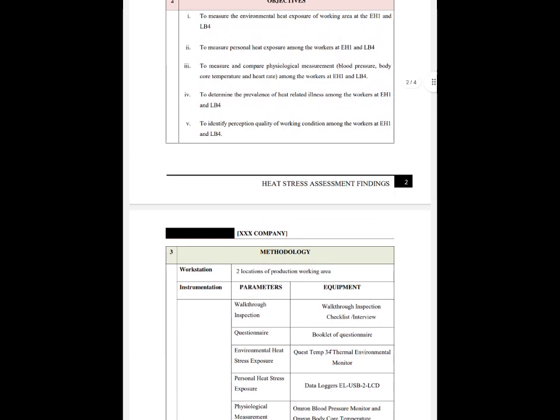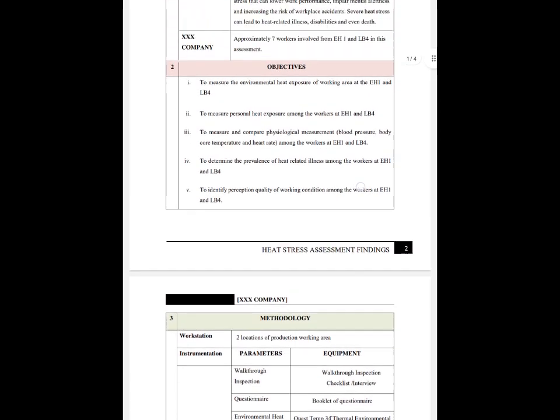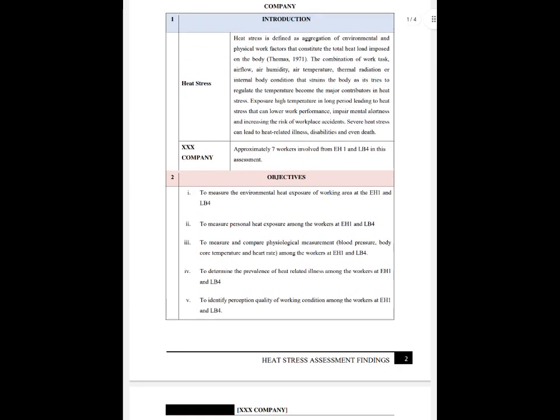So in the executive summary, we can get the idea of the heat stress assessment, but for the recommendations based on the results, we have to go to other sections of the report.